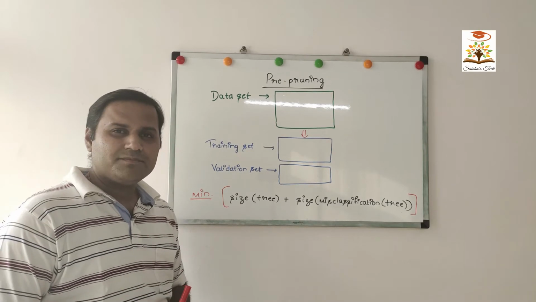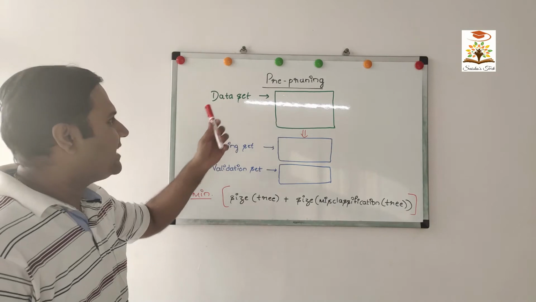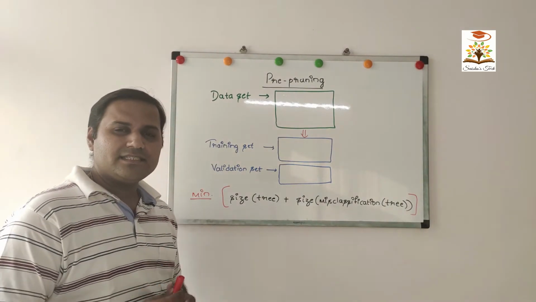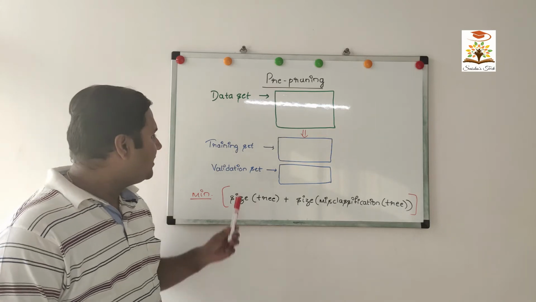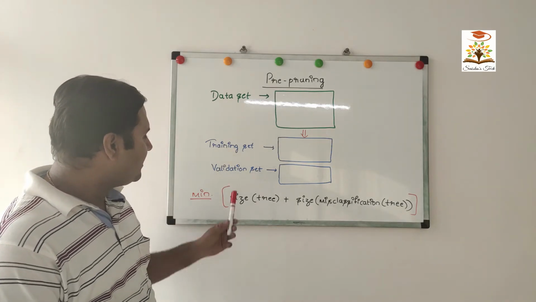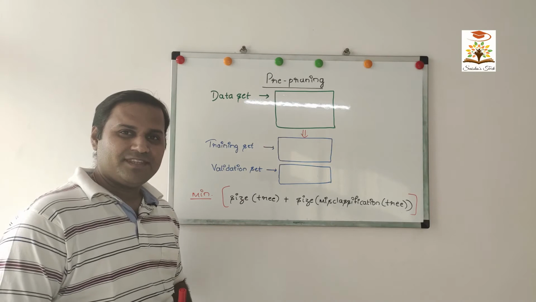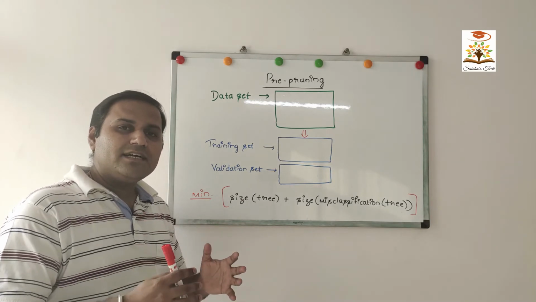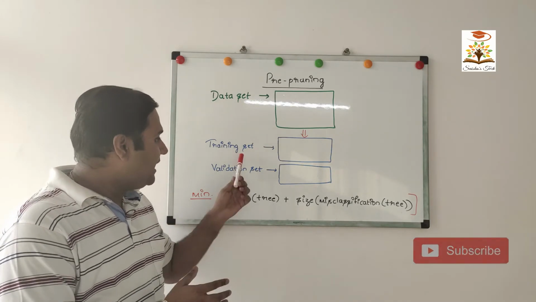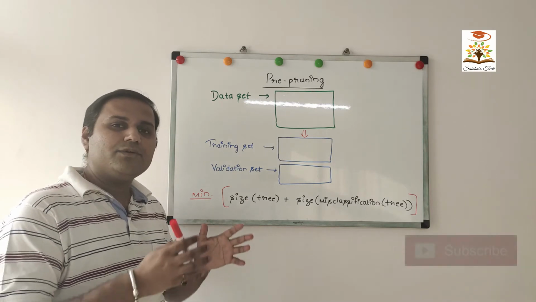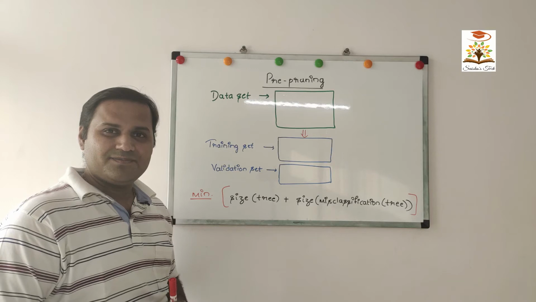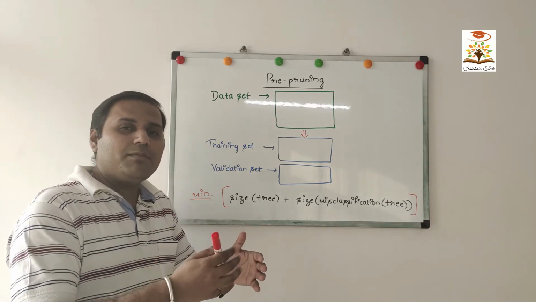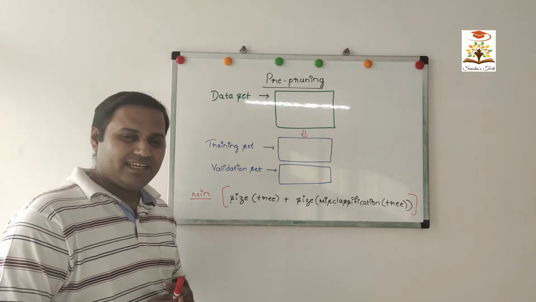In pre-pruning, you consider a data set. You split this data set into two data sets: one training data set, the other validation data set. Now, you build the tree on your training data set and you validate your tree on your validation set. Now, when will you stop building the tree?